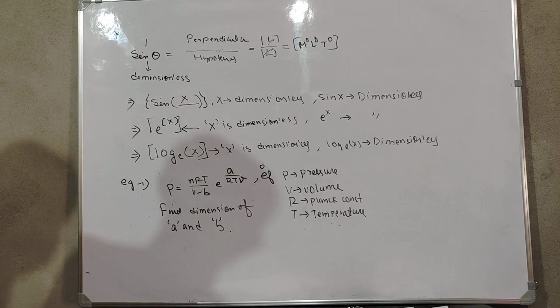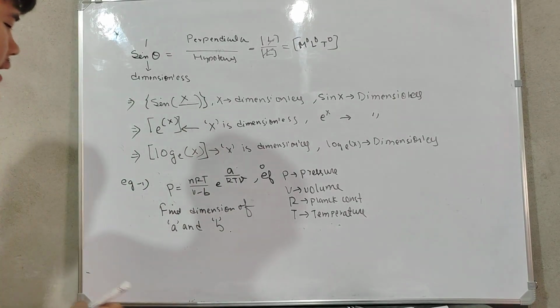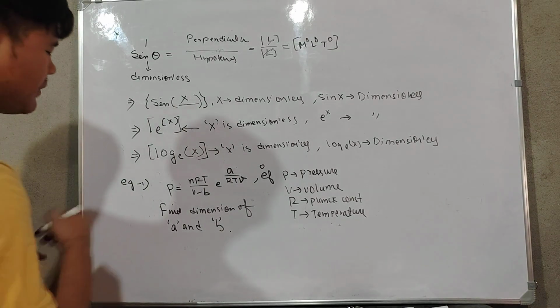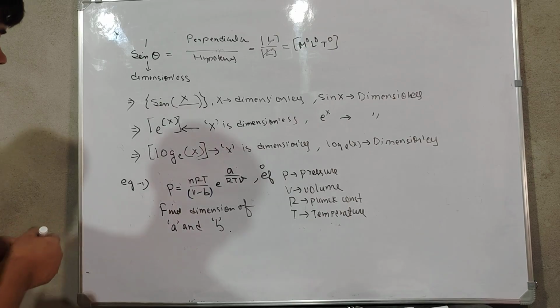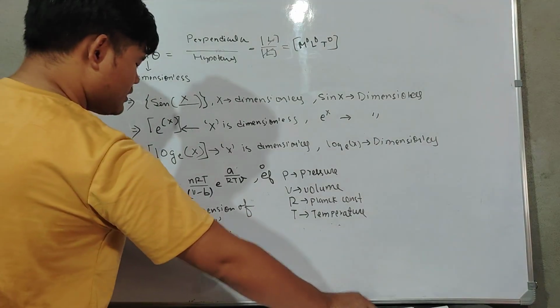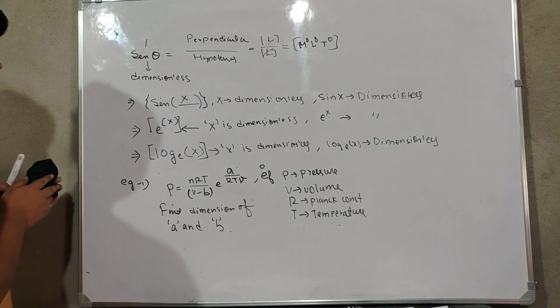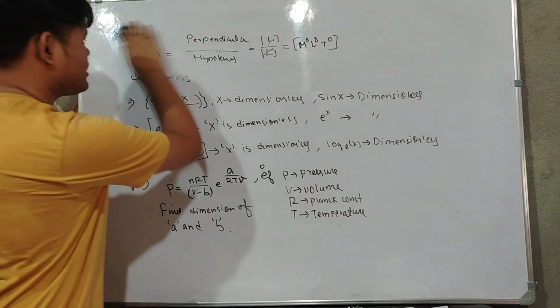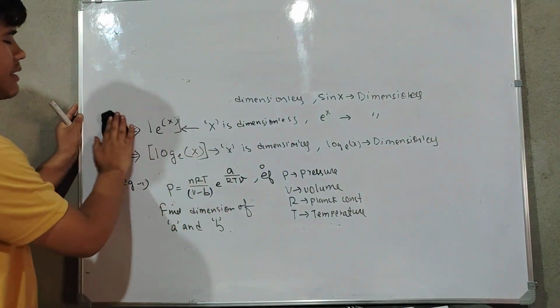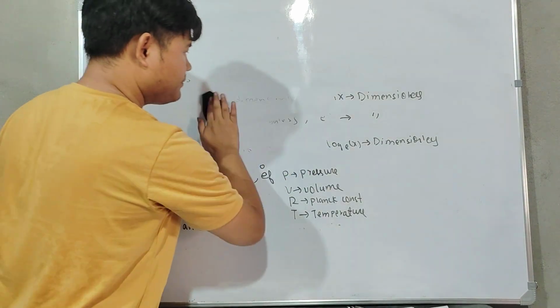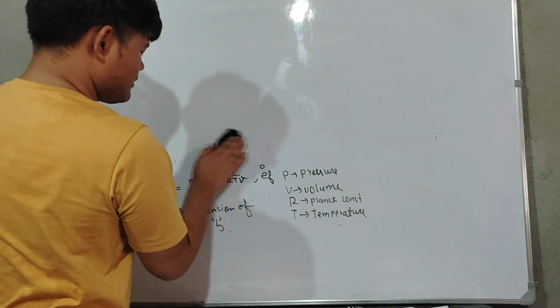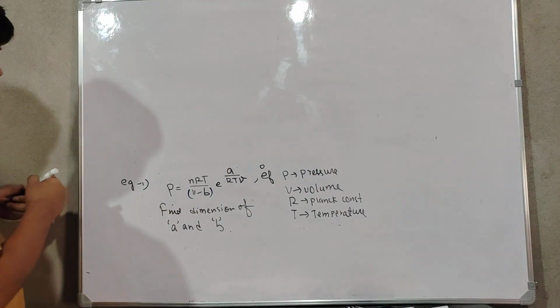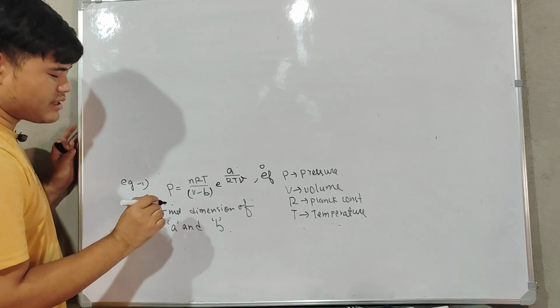So how will we do this? The question is asking us to find the dimensions of a and b. I think b we can find out easily, because in the first rule we learned after the principle of homogeneity, if addition and subtraction is taking place, then the added and subtracted terms will have the same dimensions. So the dimension of V will be equal to the dimension of b.